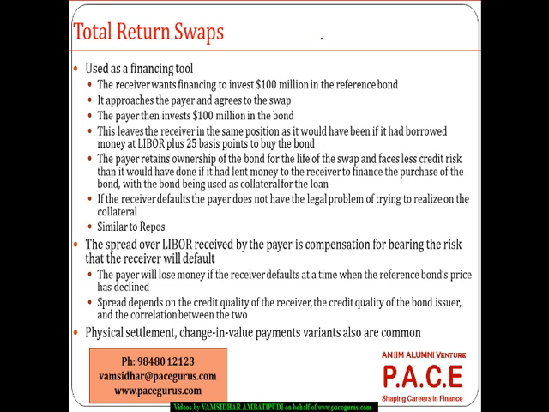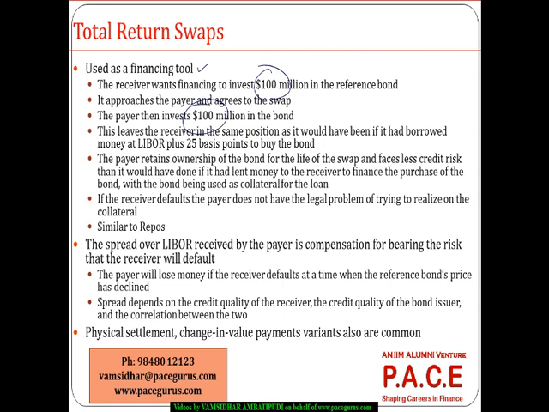So as I have just now mentioned, it is a very powerful financing tool because I can look at it from the perspective of the receiver. He wants 100 million to buy the bond. So he could have taken it on a loan, but he has gone for a swap. Now the payer will invest that 100 million in the bond and he will swap it with the receiver.